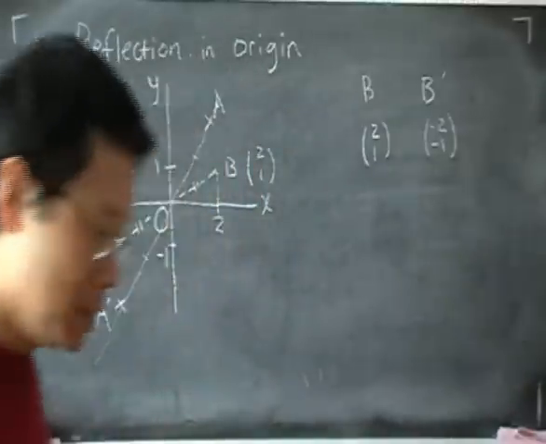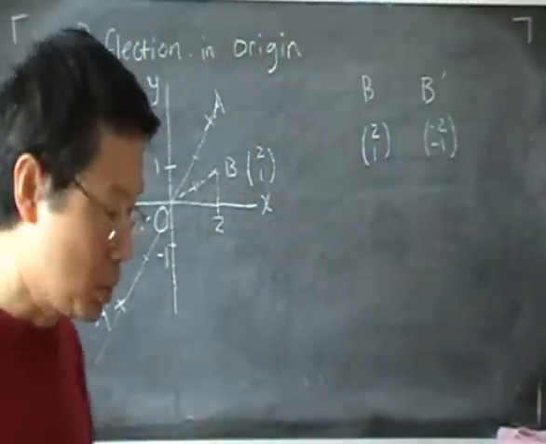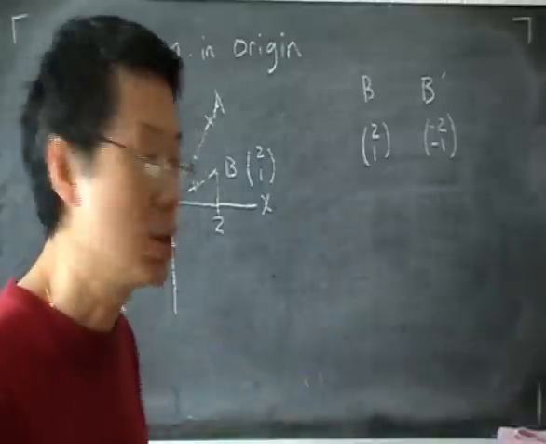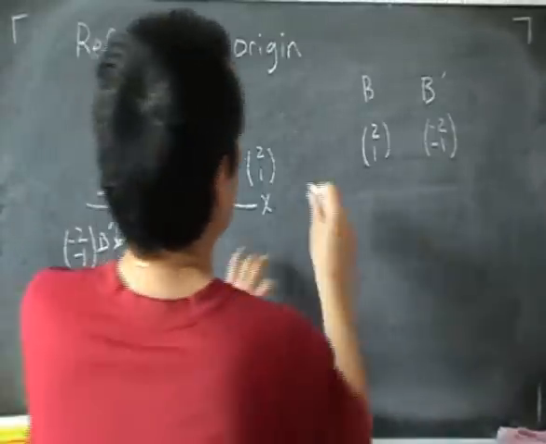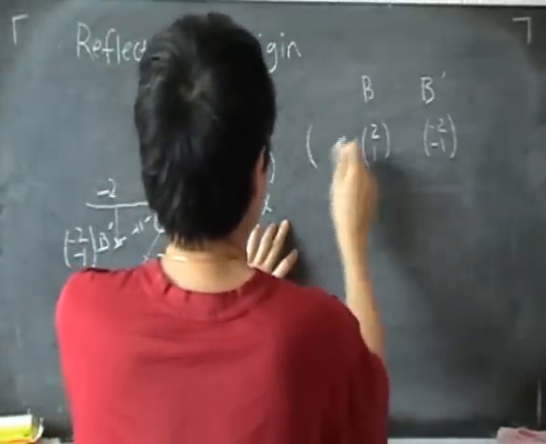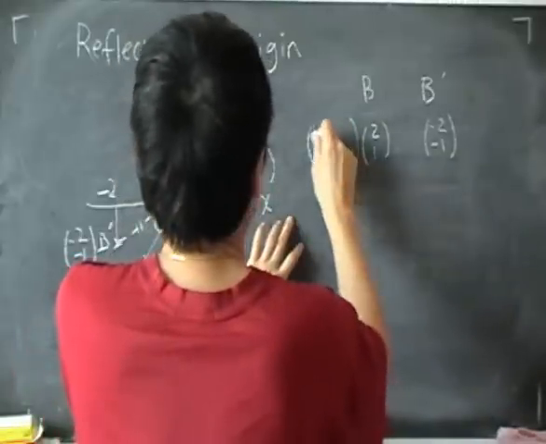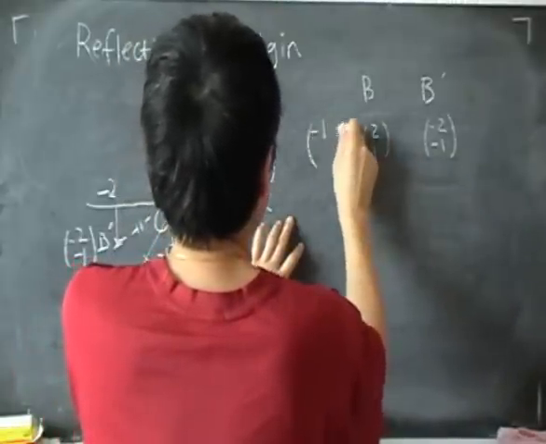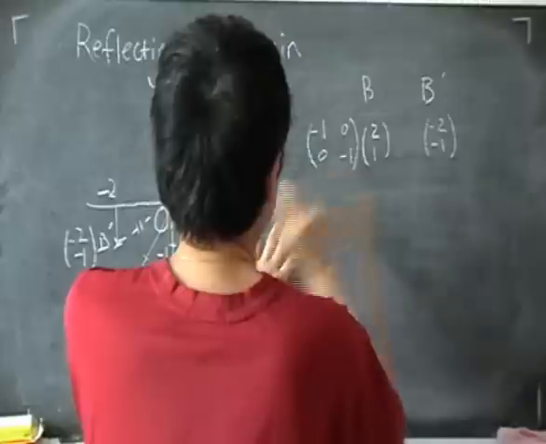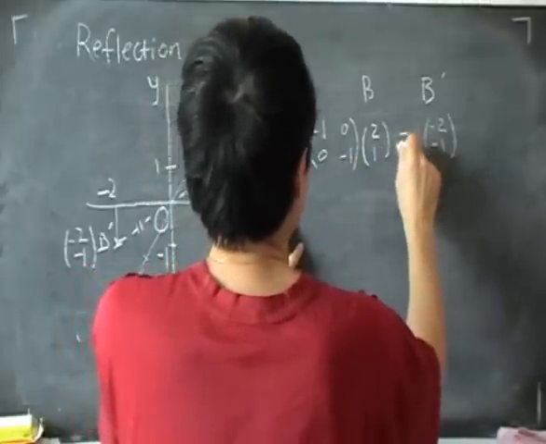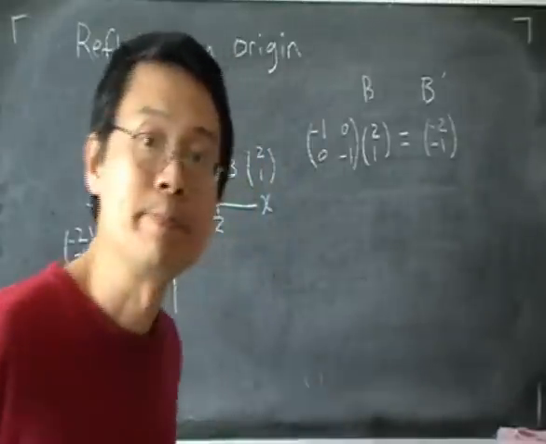Now we want to learn the matrix that will multiply by 2, 1 to give the image. The matrix for reflection in the origin is minus 1, 0, 0, minus 1. That is the matrix, and if you multiply this by 2, 1, you will get the answer.